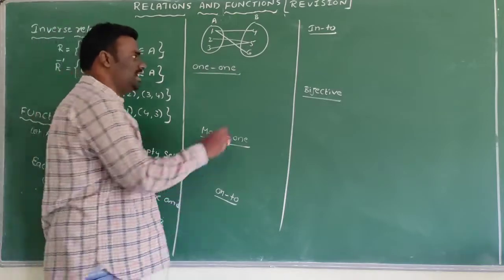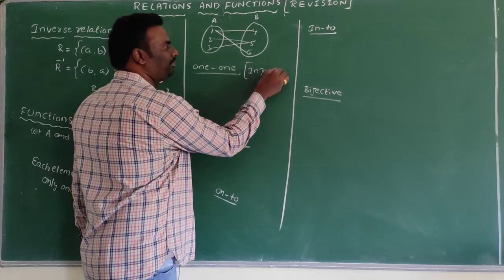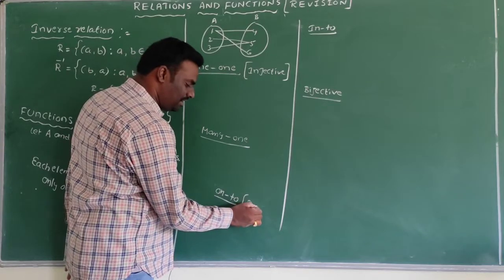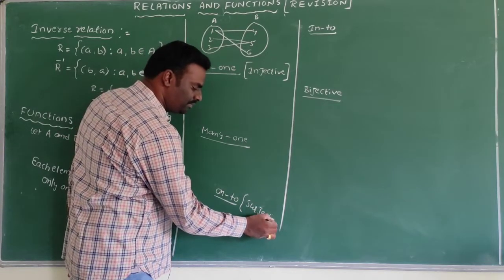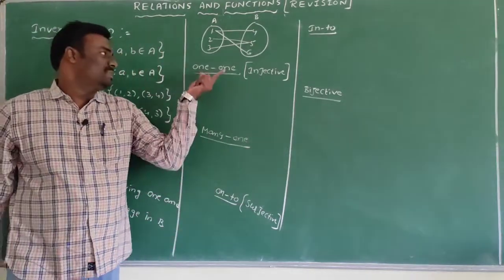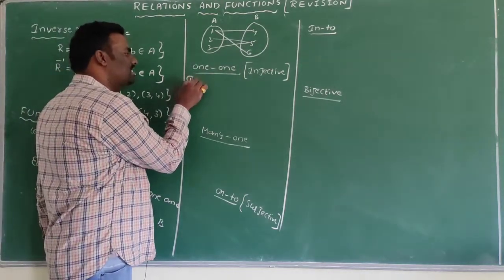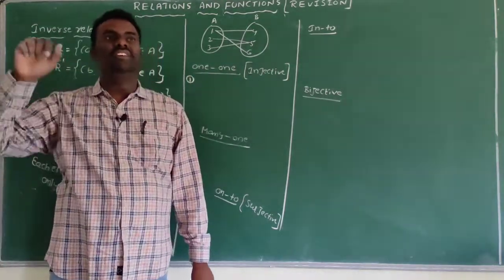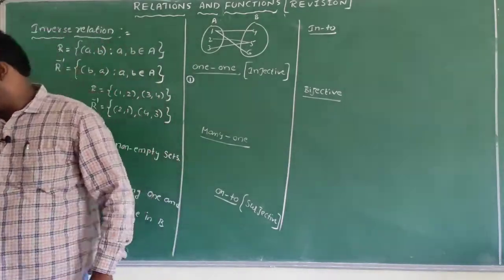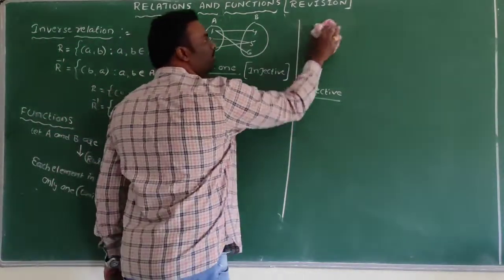One-to-one function is also having one more name, that is called injective. Onto function is also having one more name, that is called surjective. Okay, now we will discuss what is meant by one-to-one function. So we have 2 definitions. One definition is theoretical definition, one definition we are using in problems. Okay, now coming to the first one, I will explain one by one with examples.